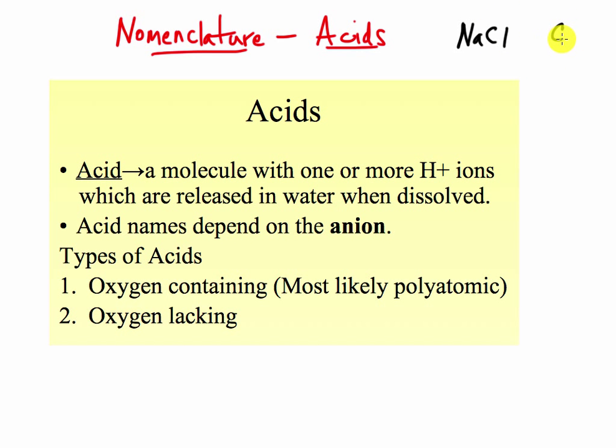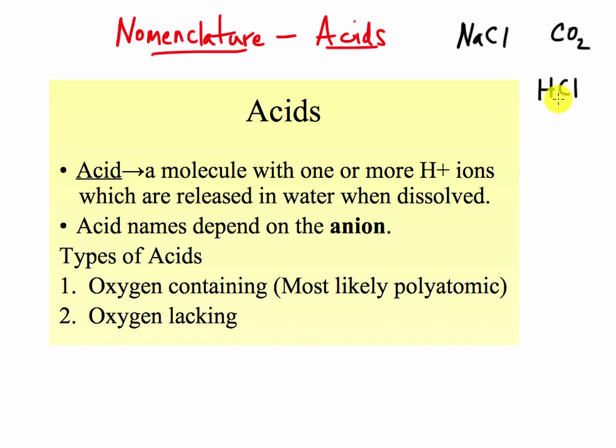If we have something like CO2, because we have two nonmetals in here, we would name this using the molecular rules. Now, we haven't talked about the molecular rules yet, and we're going to talk about that in the next lesson. The reason I'm bringing this up is that when we look at hydrogen and chlorine together to make hydrochloric acid, it looks like a molecule because it's two nonmetal atoms put together.